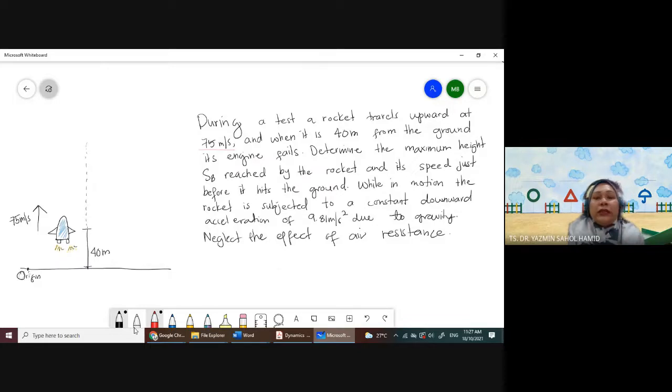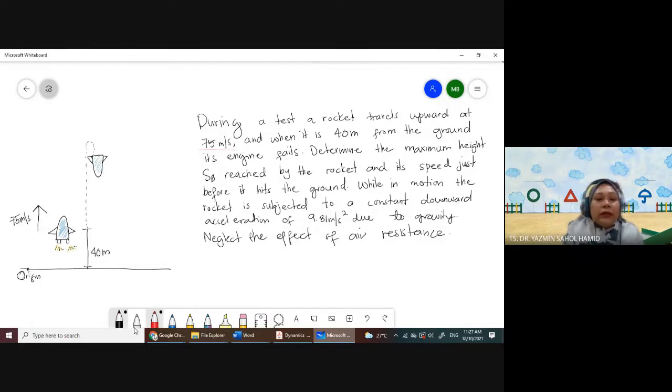Its engine starts to fail. So when the engine starts to fail, what happens to the rocket? It will start to drop down. Determine the maximum height SB reached by the rocket and its speed.